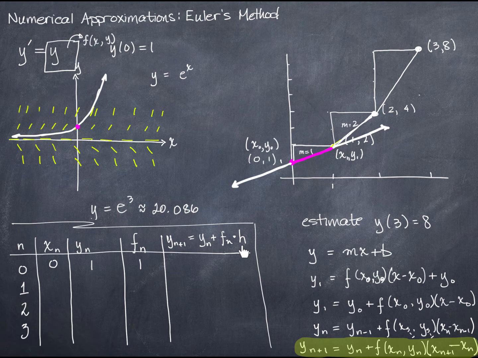The problem is I don't know what h is. It's usually specified. If it's not, then it'll be your job to decide on a small enough h value that you'll get an accurate estimation without it being so small that you'll have to do a million calculations to figure out your answer. So for the sake of argument in this example, let's let h equal 0.1.